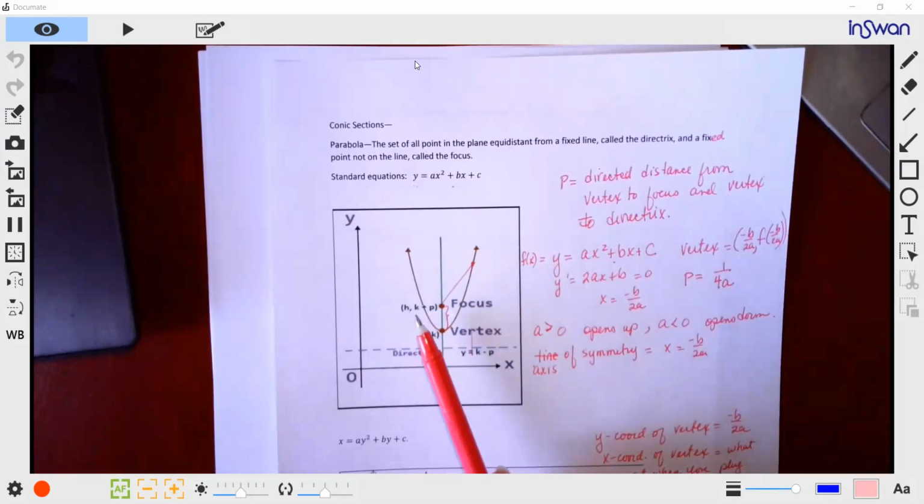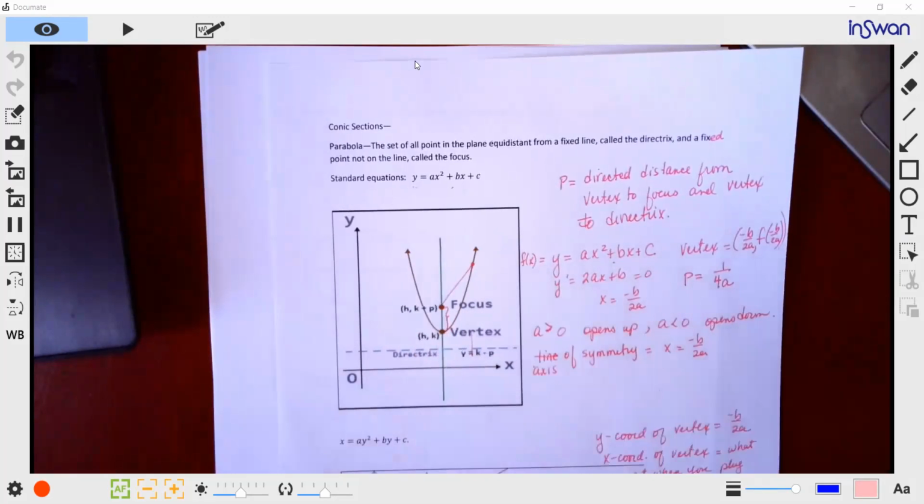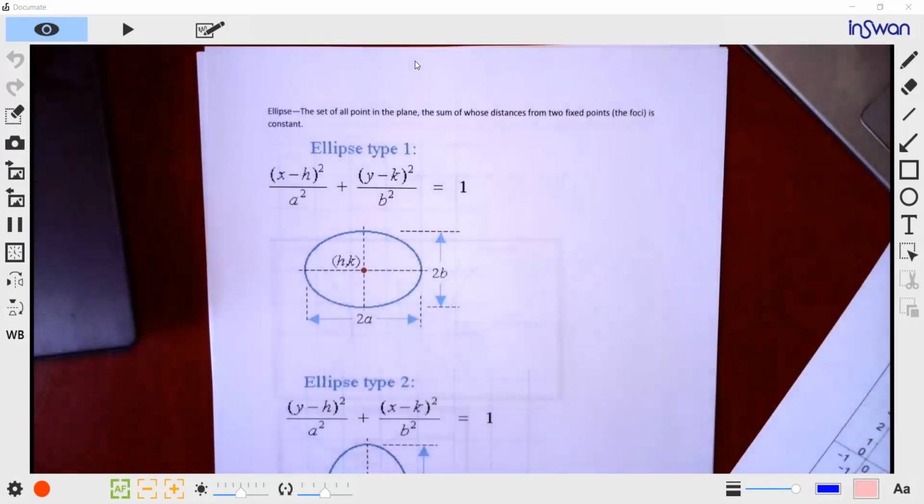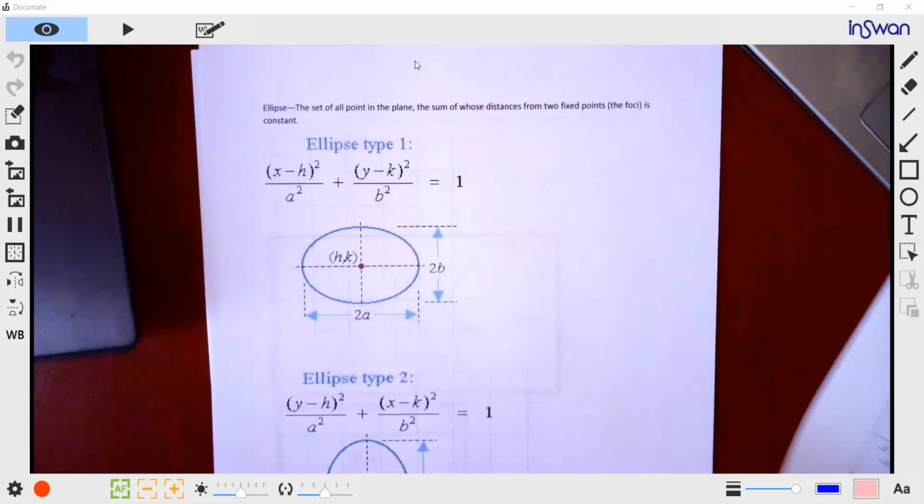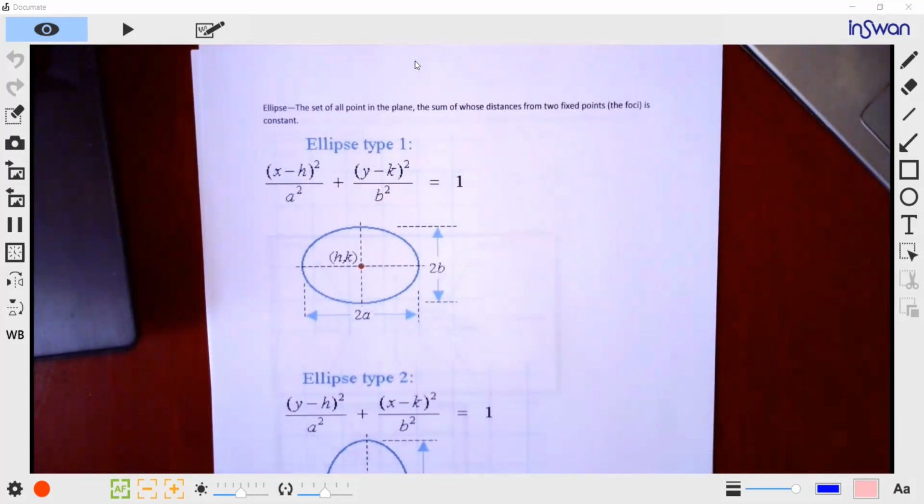Like you might take a parabola and rotate it around its axis of symmetry and get what we call a paraboloid, or we might get an ellipsoid. But you need to know the basics of these shapes.